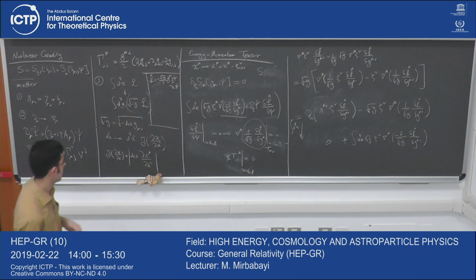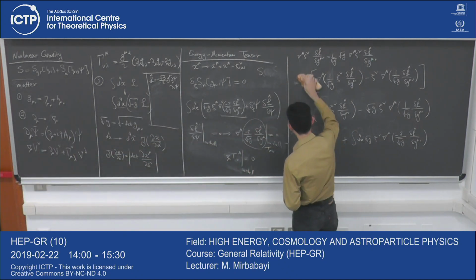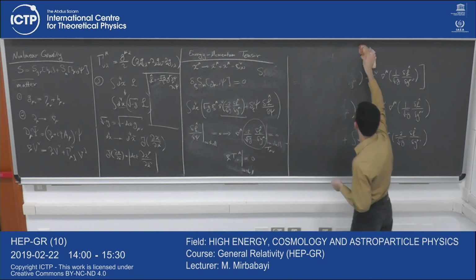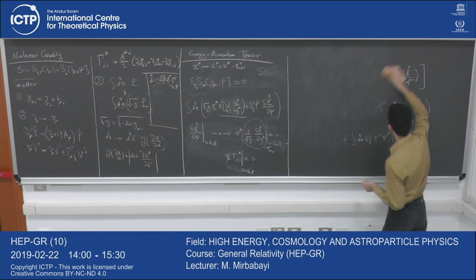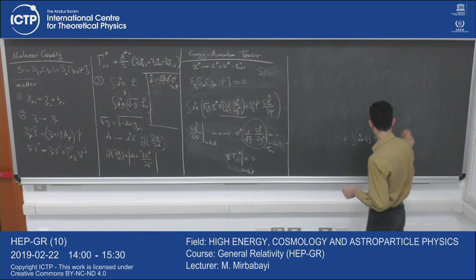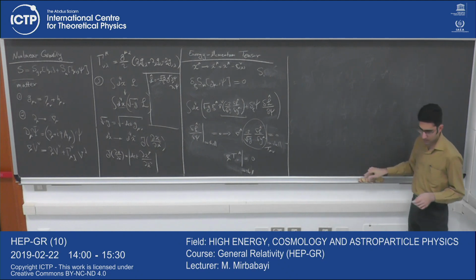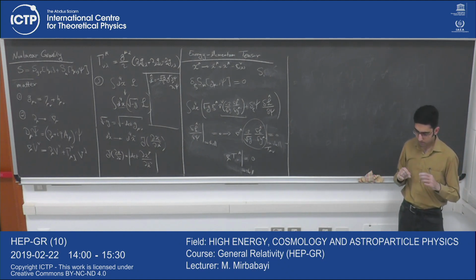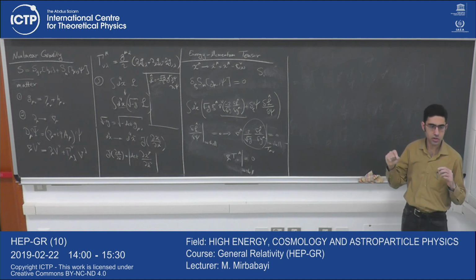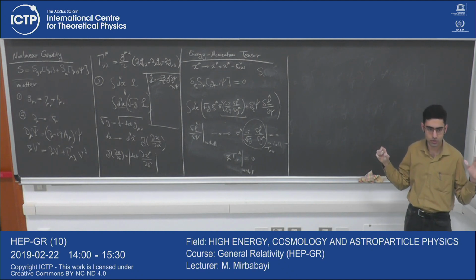Okay, so we have the covariant, conserved energy momentum tensor. So if you remember, in the last session we talked about how to iteratively construct this nonlinear theory of spin 2 gravity.